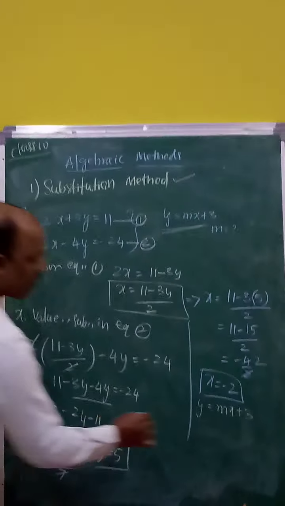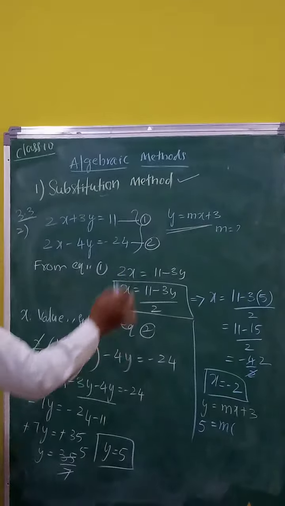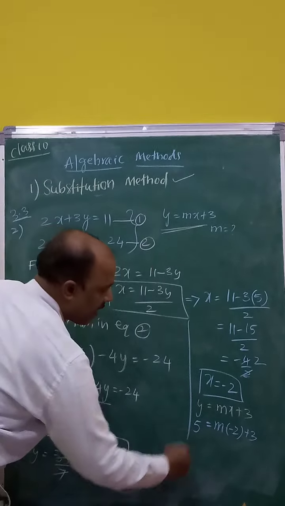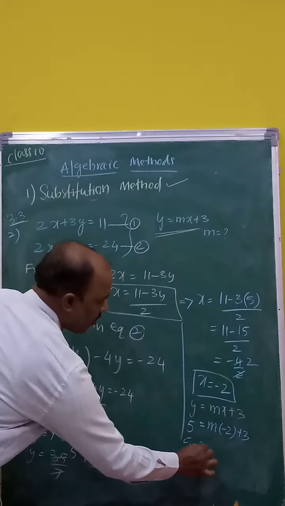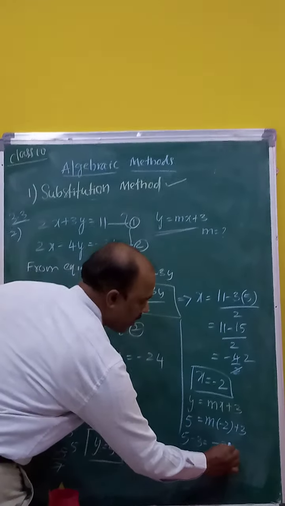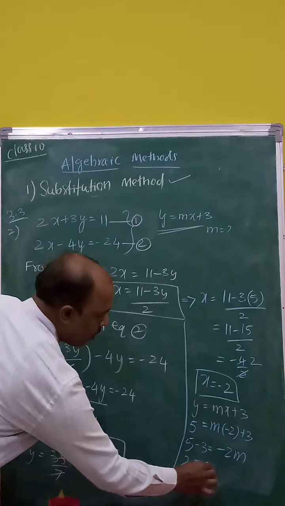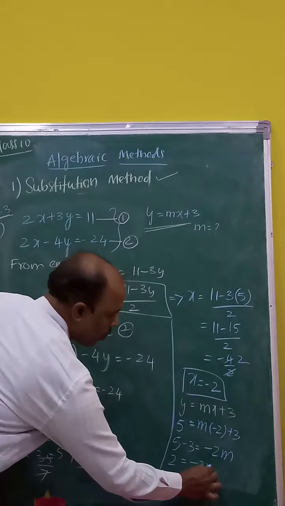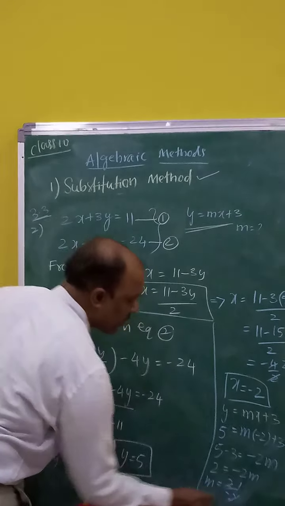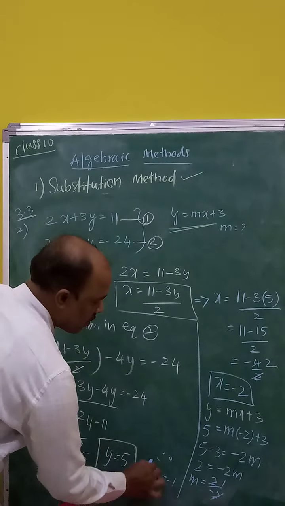Y value applying this: 5 is equal to m, no change, x value minus 2, and plus 3. 3 transpose this side: 5 minus 3 is equal to minus 2m. 5 minus 3 is 2. 2 is equal to minus 2m. Then m is equal to 2 by minus 2. Cancel once. Therefore finally the m value is minus 1.